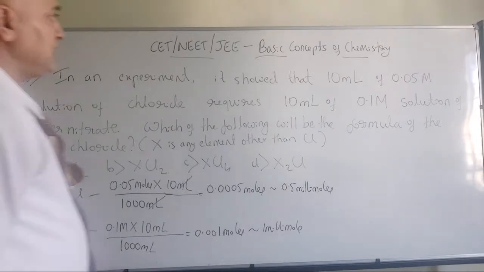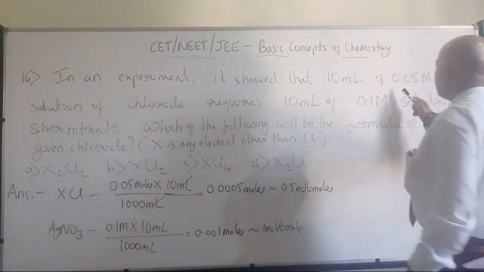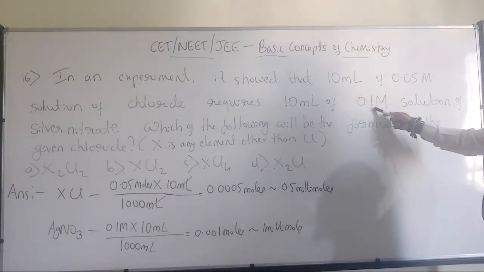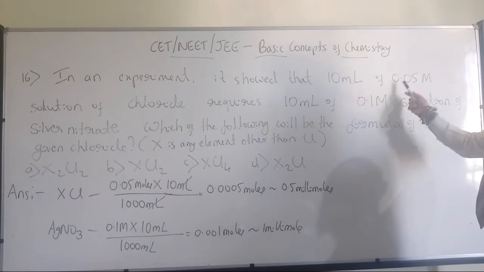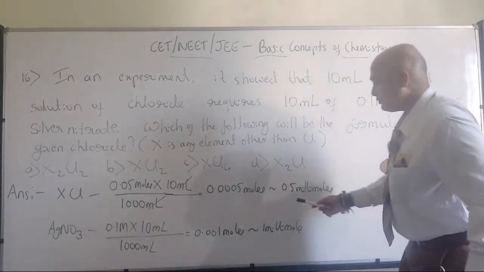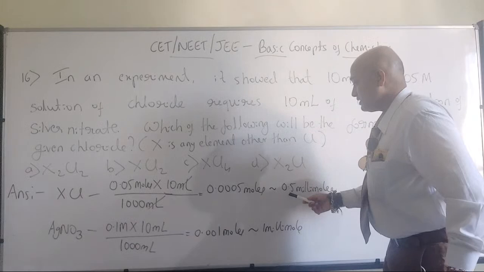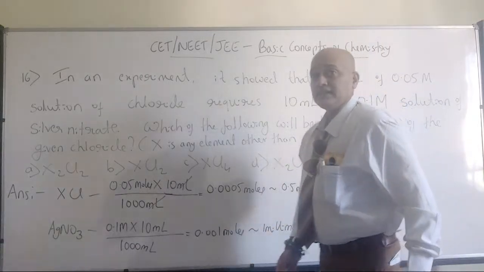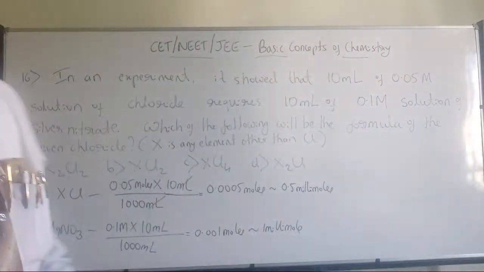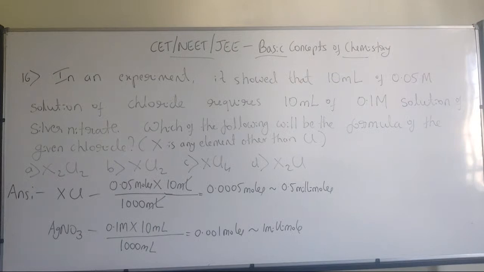Now if I observe here, straight away I can tell that 0.05 and 0.1, it is double. Silver nitrate is double the concentration, and the same logic applies to millimoles: 0.5 and 1. So silver nitrate is double in the number of moles.